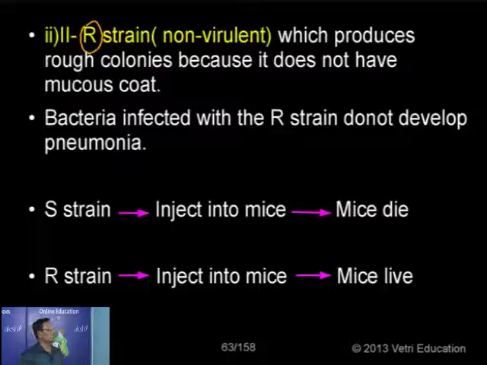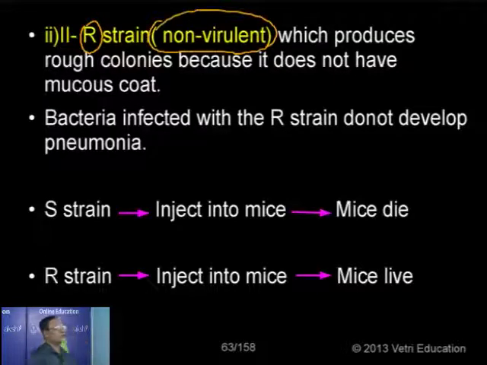Also, this strain doesn't normally cause pneumonia infection, so no death of the organism occurs even though the organism is infected with the R strain. That is why the R strain is called non-virulent. Bacteria of the R strain do not develop pneumonia.